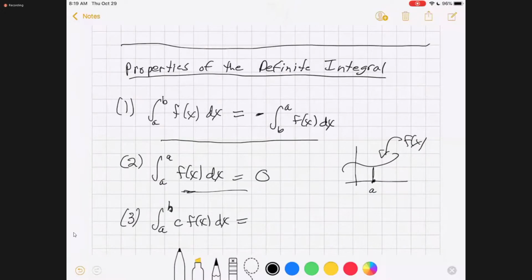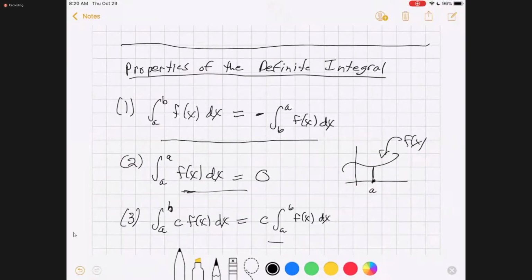Well, you can pull the constant out. And the reason for that, so constants can come out. Multiplied constants can come out. Nothing with an x can come out of the integral.